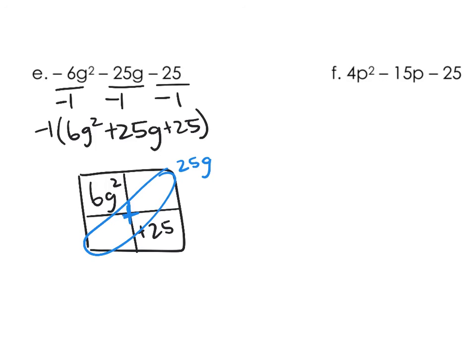So the multiples of 25 would be a 1 times 25, a negative 1 times negative 25, or a 5 times 5, or a negative 5 times negative 5. Now we just said that our polynomial in parentheses only has positives. So these negative options are not going to help.